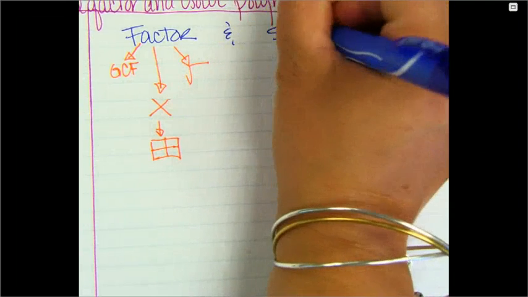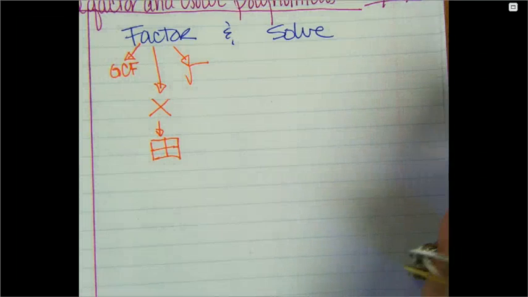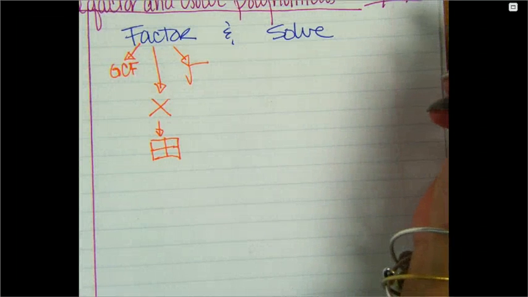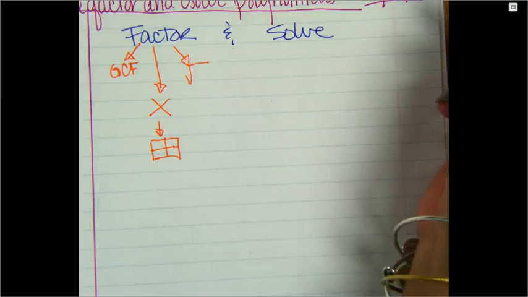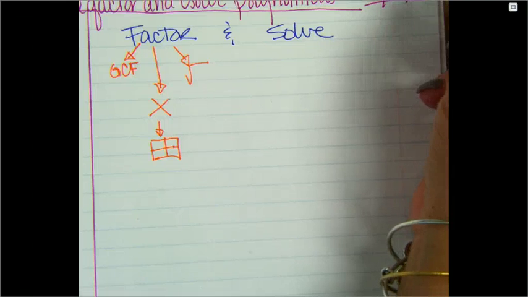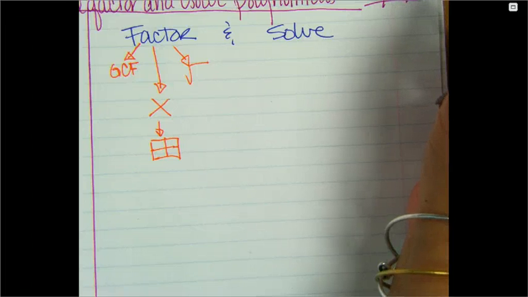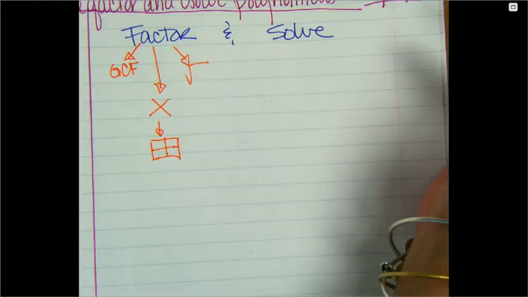Let's talk about what it means to solve. What does it mean to solve? What has it meant to solve since you were in 3rd grade, 4th grade, 5th grade?